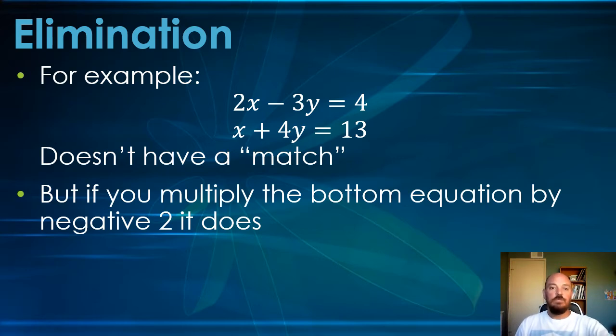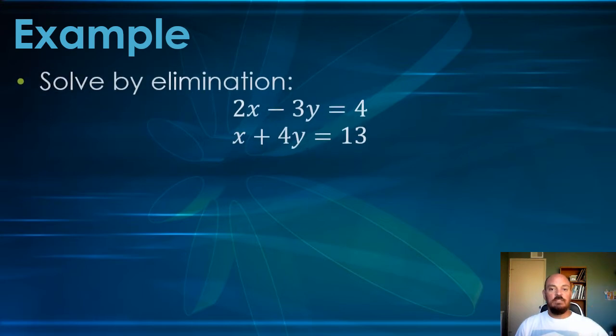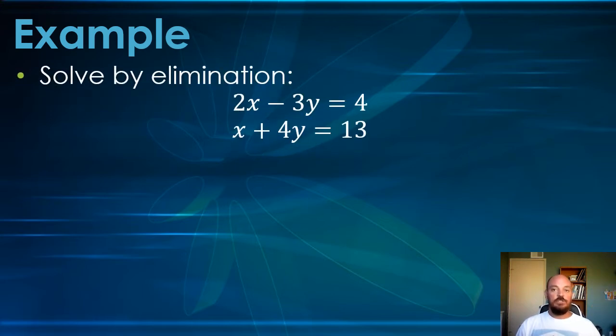So let's turn this into an example and solve this exact system of equations. I look at the problem and I realize, okay, I want to solve by elimination. I don't have a perfect match, but I can get there. And the way I'm going to get there is by multiplying the bottom equation by negative 2, and basically creating a new system of equations.